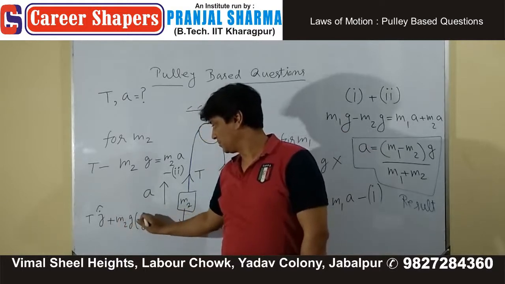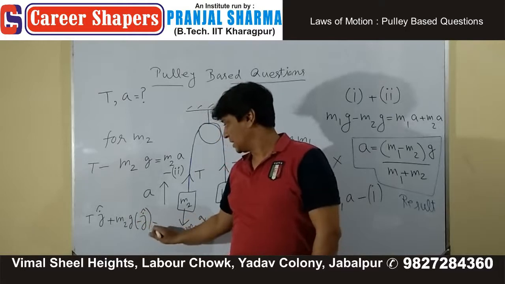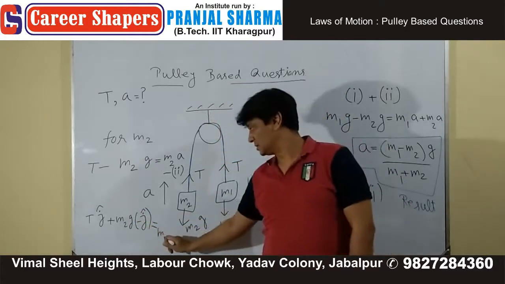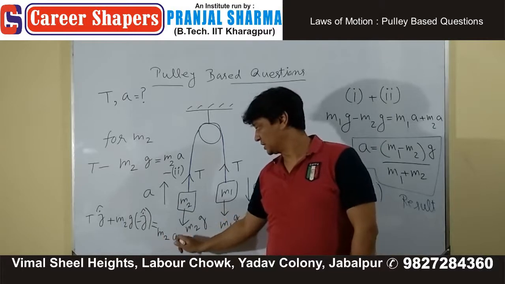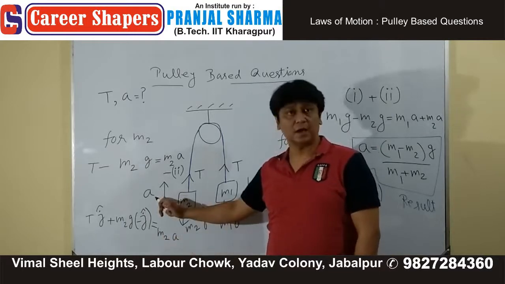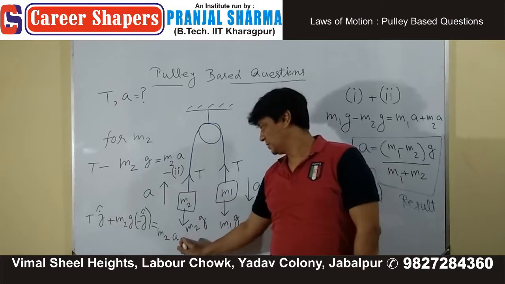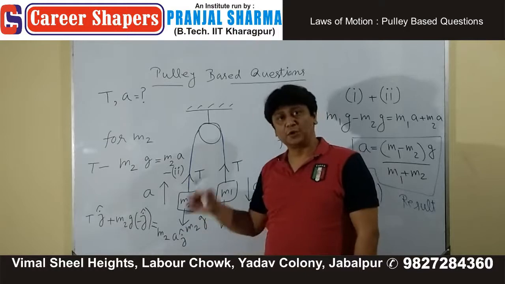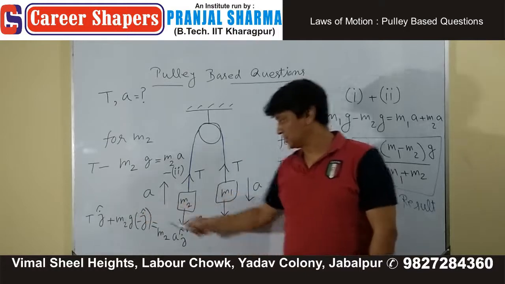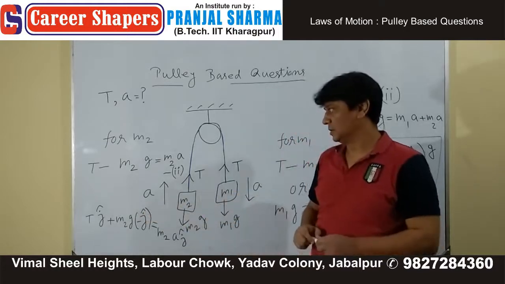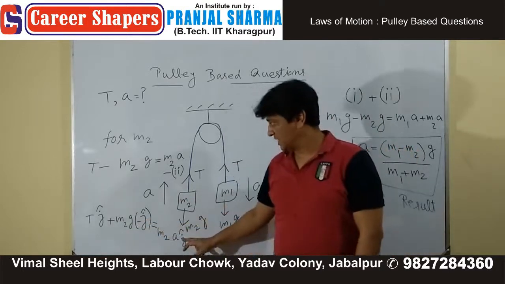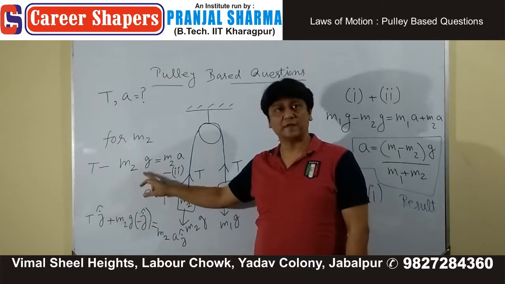Minus of J cap. The whole thing is mass into acceleration. How much? A. In which direction? Up, which is J cap. If you want to handle it vectorially, then this is the equation. J cap, J cap, J cap cancelled. You arrive at the same result.